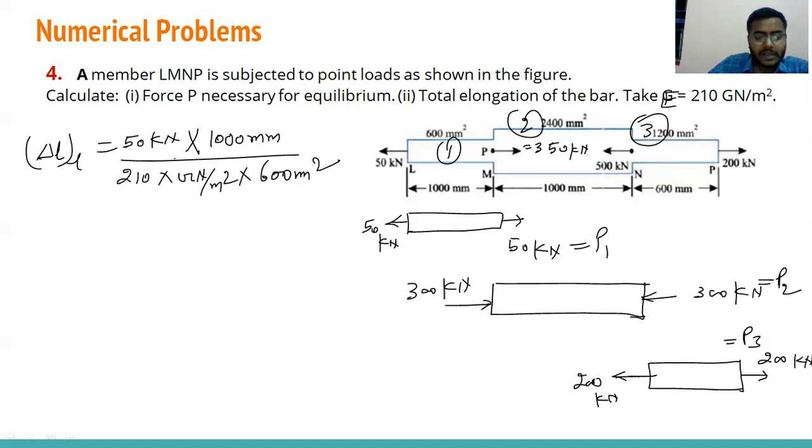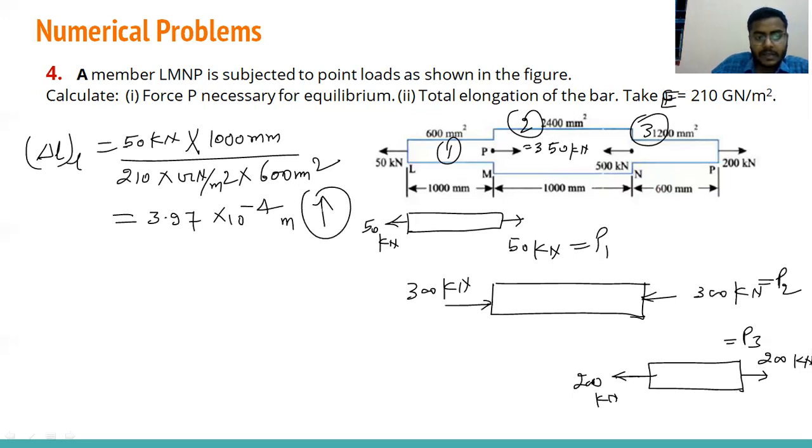We convert the units, kilonewton, mm, GN per meter square. So finally we'll get the change in length in terms of meter, 3.97 into 10 to the power minus 4 meter.